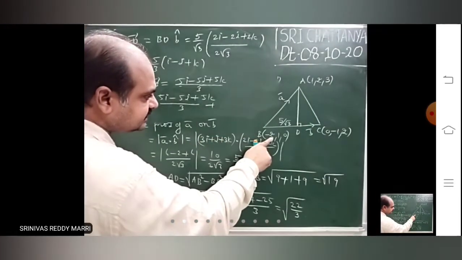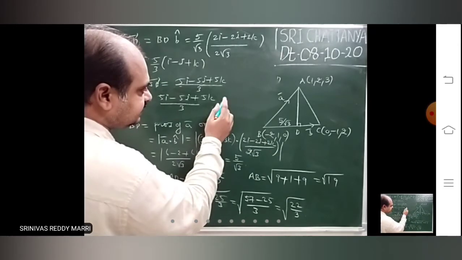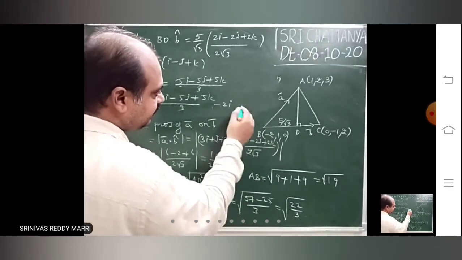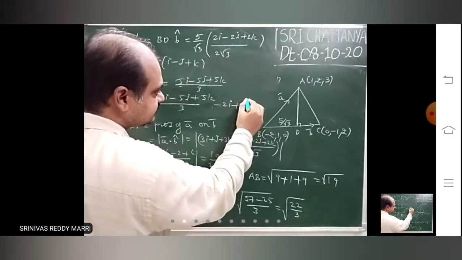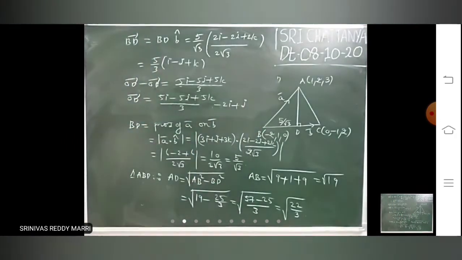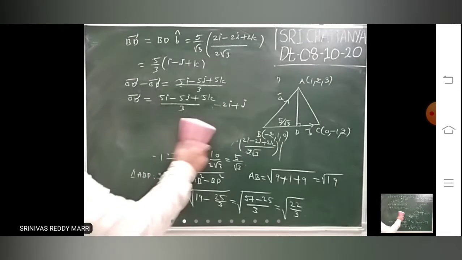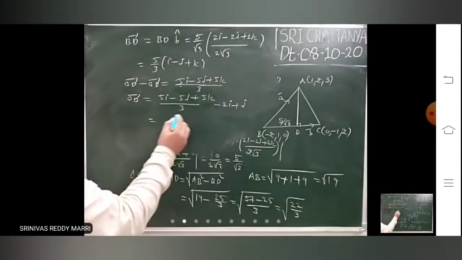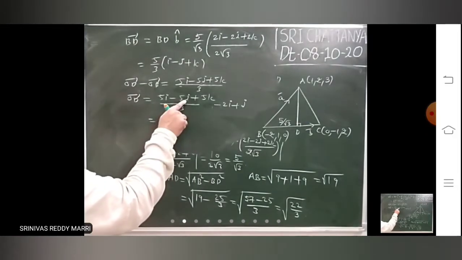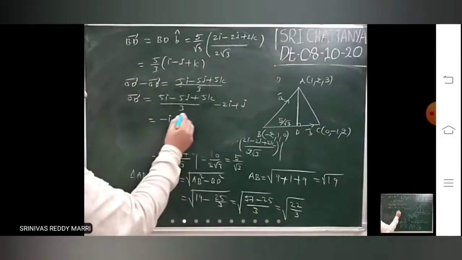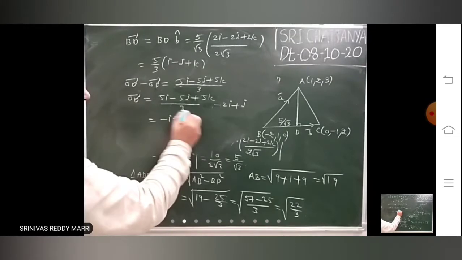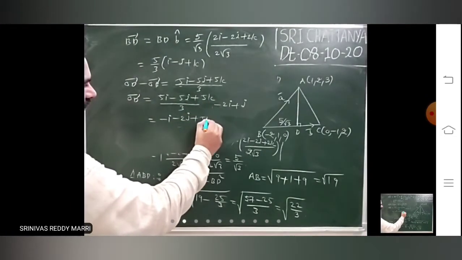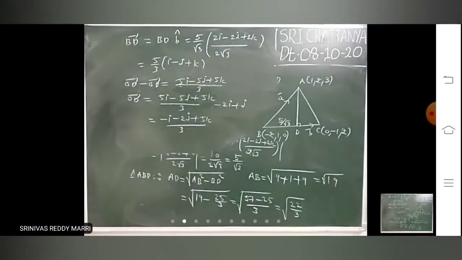You know OB bar is minus 2i plus j. Therefore, take the LCM: 5i minus 6i is minus i, minus 5j plus 3j is minus 2j, 5k plus 0. That means OD bar is (minus i minus 2j plus 5k) divided by 3.